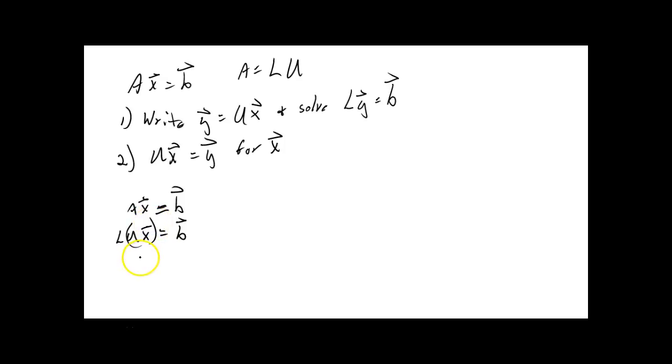Just name this Y, okay, and LY is equal to B. That's your step here. And then plug back in that Y is your UX again. And set that equal to what you just calculated here, and you've got it, okay?